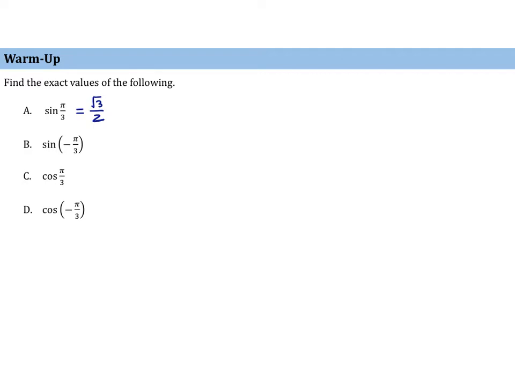Remember that the reference angle is pi over 3, but negative pi over 3 will be in quadrant 4. So, sine of negative pi over 3 is going to have the same magnitude as the sine of pi over 3, but because our angle is in the fourth quadrant, sine of theta is going to be negative.